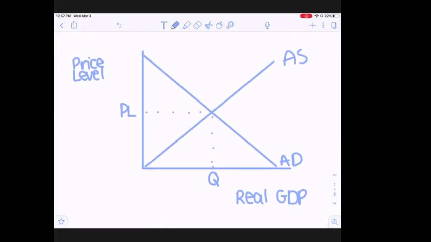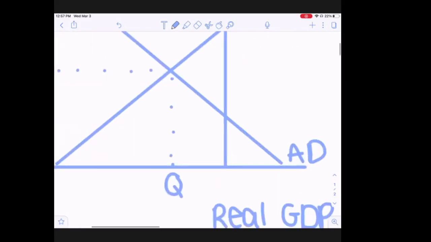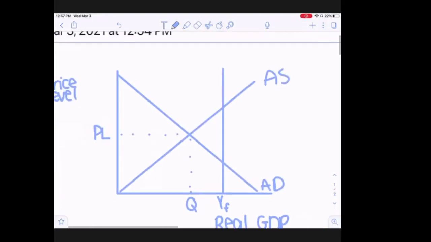But it did want long run, so we know full employment is greater than the current. So next to Q, a little bit to the right of Q, I'd write YF. Then I'll draw straight up to a long run aggregate supply curve, and I will label that YF.